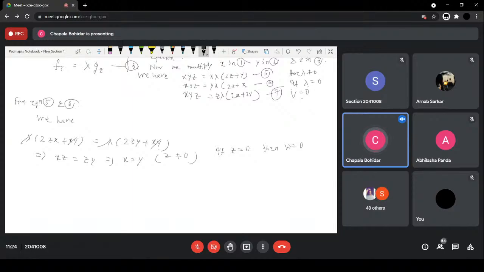Now from equations 6 and 7, find out what you are getting. 2yz plus xy is equal to 2xz plus 2yz.